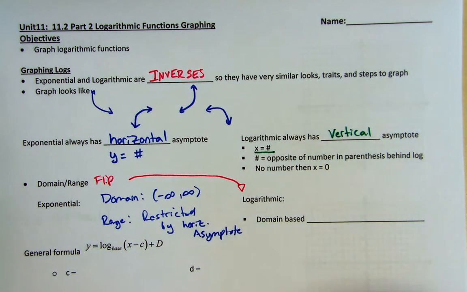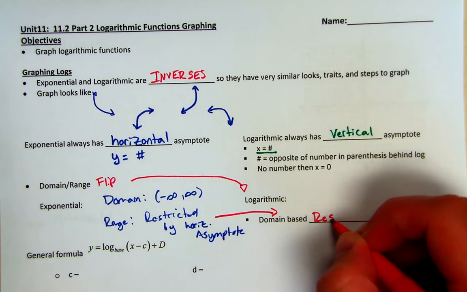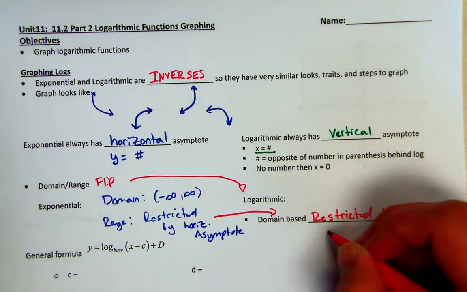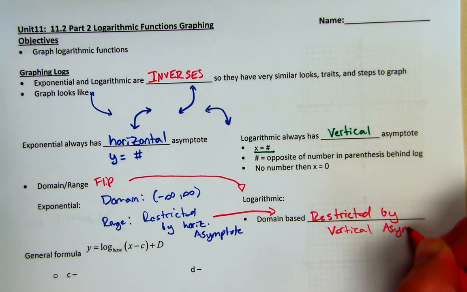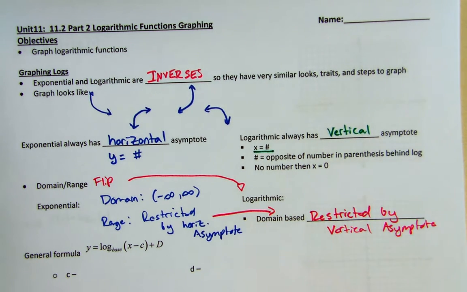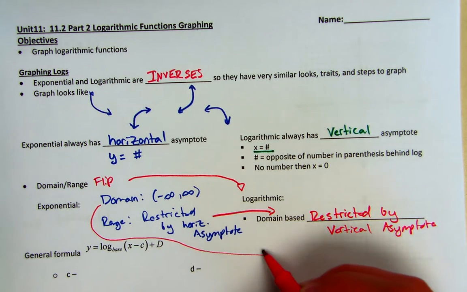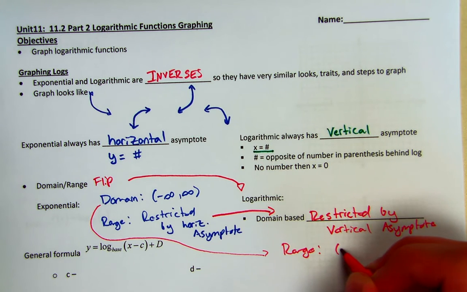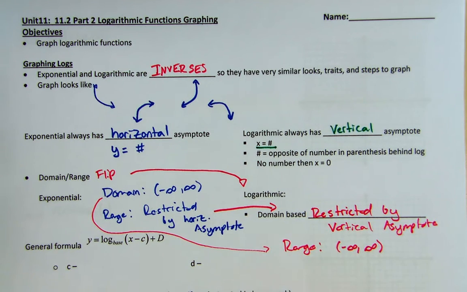The domain now is based on what was the range, so that's the one that's restricted by the vertical asymptote. Whereas now the range becomes everything. So the domain becomes the range, and the range is negative infinity to infinity now. Again, you're flipping those ideas.